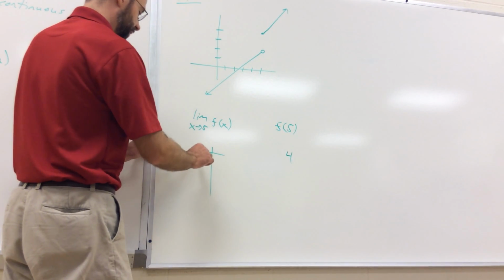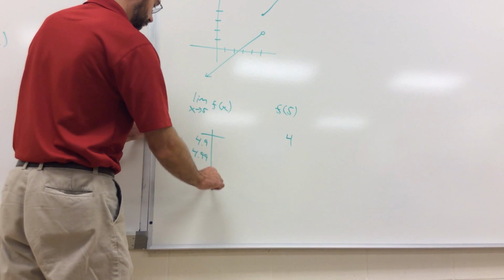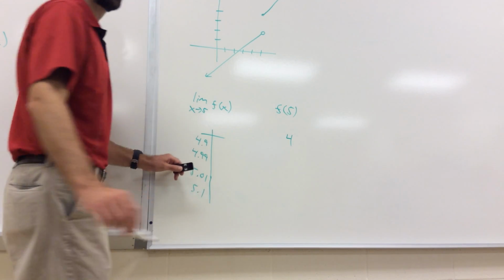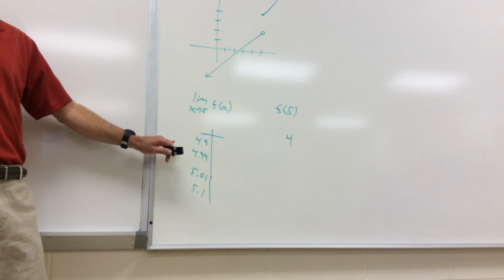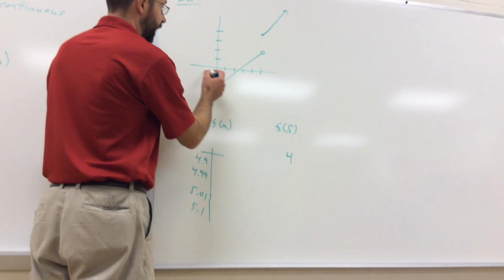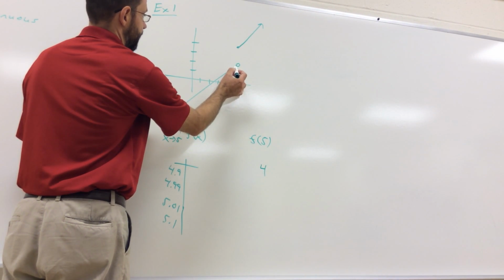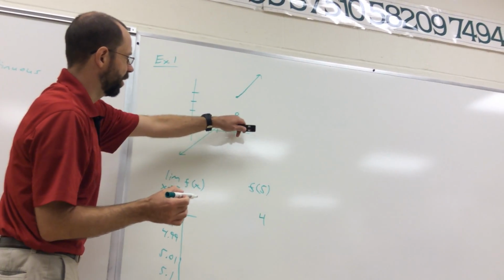So we need to pick some numbers that are close to 5. So 4.9 spits out this value here, right? Which is maybe 1.9.